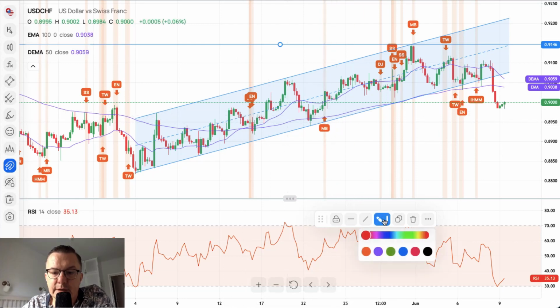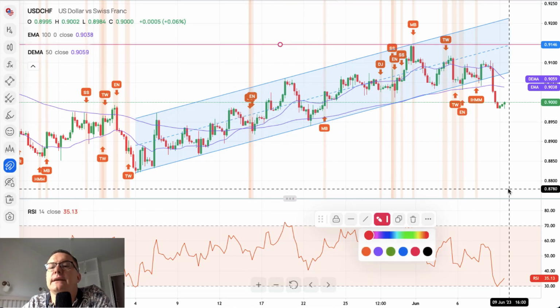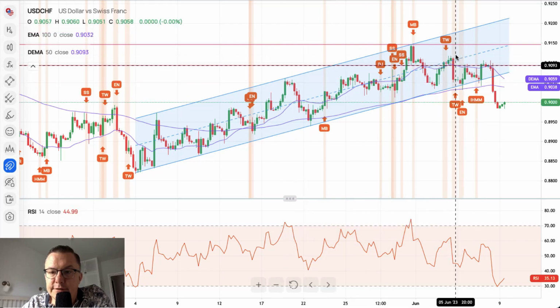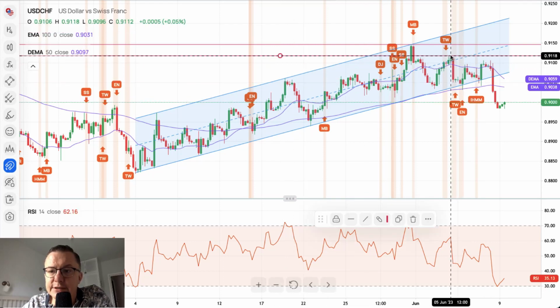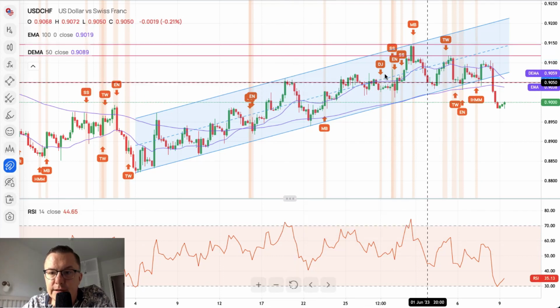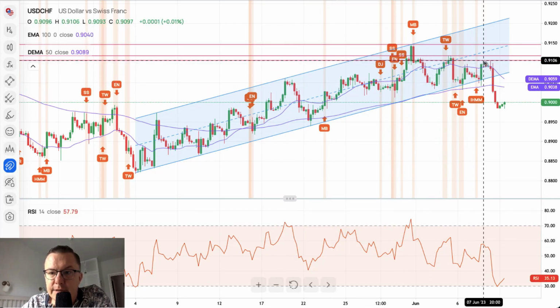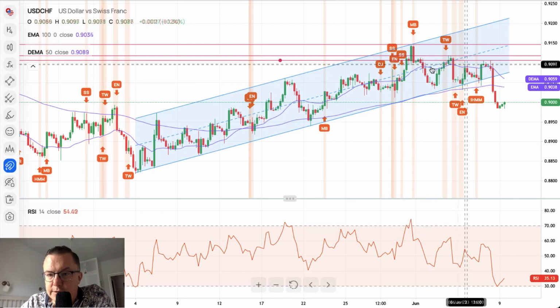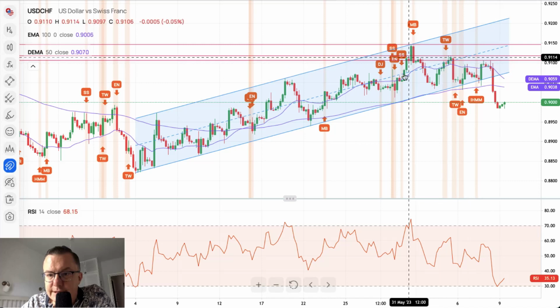This is the technical resistance, and since then we've been moving lower. The next technical resistance is 9,118, and the most recent one is at the level of 9,106. These technical resistances were still inside of the channel.